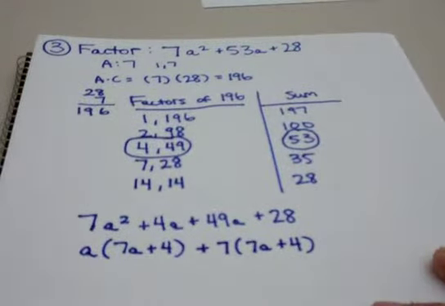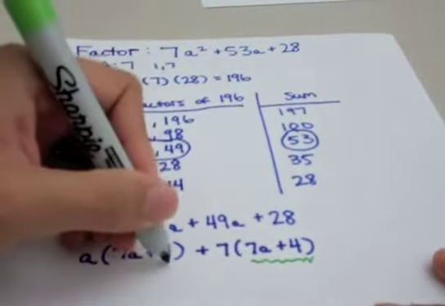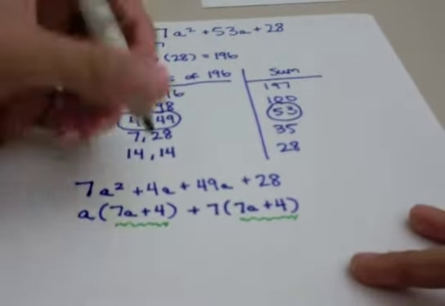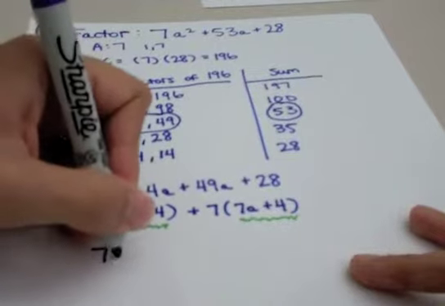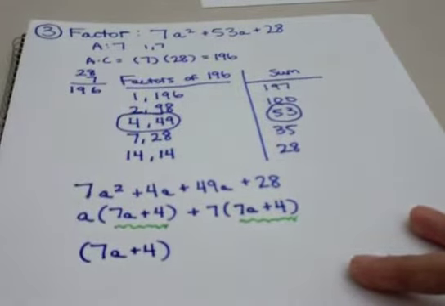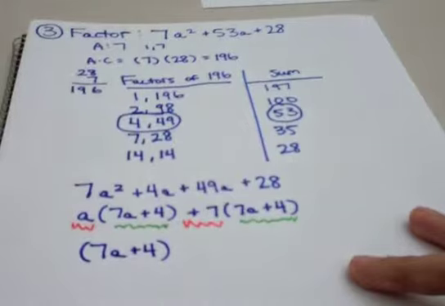Okay, now that we've done that, I see that there's a 7a plus 4 over here, and a 7a plus 4 over here, so we can factor that out. It's going to give us a 7a plus 4 on one side, and what we have left over is an a plus 7.